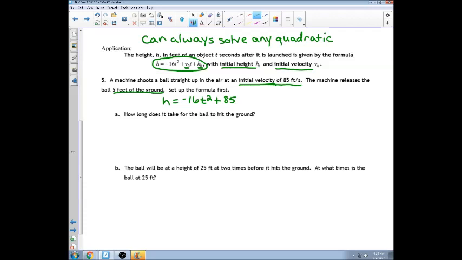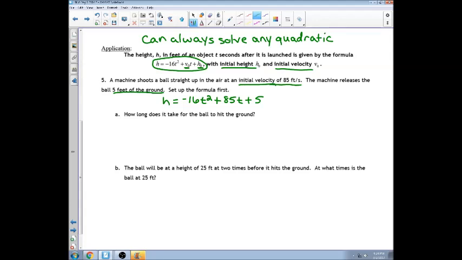So I'll put 85 in for v0. Now, v0 is gone. I don't want to think about v0 anymore. So 85 times t plus h0, my initial height. So where did the machine release the ball? Well, 5 feet off the ground. Okay? So I'll put 5 in for h0. h0 is now gone. I no longer have to worry about that.